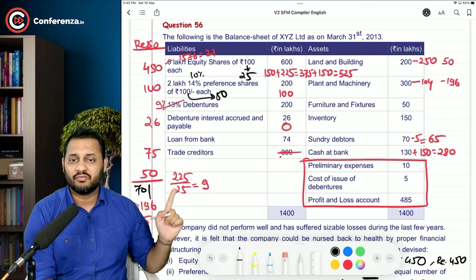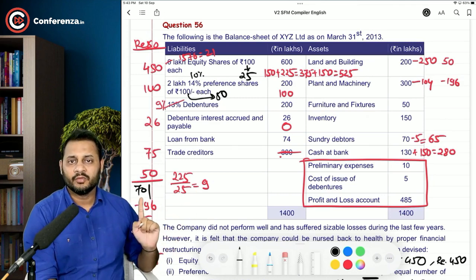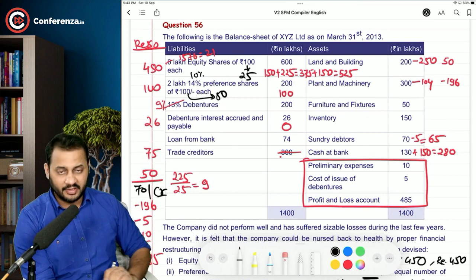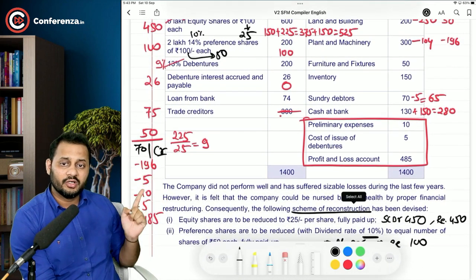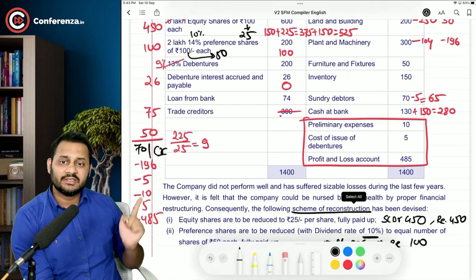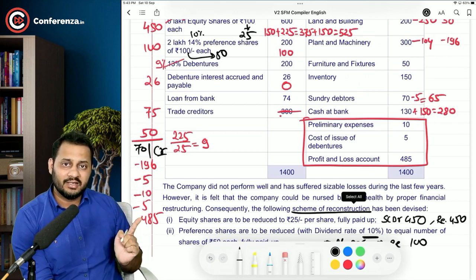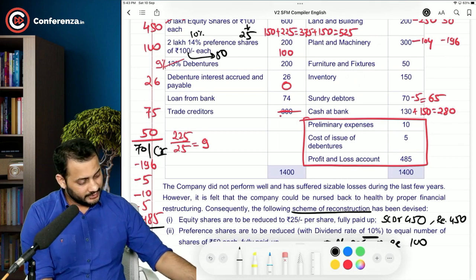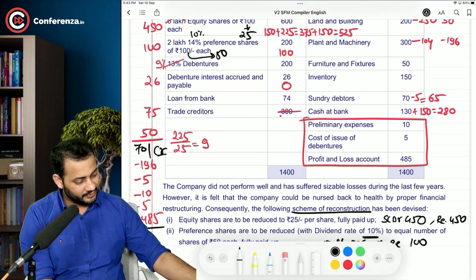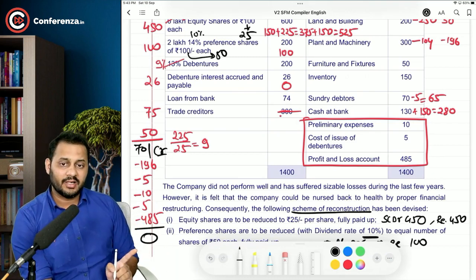Extra balance that we have transferred from the balance sheet to the reconstruction account. We have a credit balance of that. And this 701 is now used for writing off all these expenses. These are the debit balance of the reconstruction account. So minus 196 minus 5 minus 10 minus 5 minus 485. The reconstruction account balance is 0 now.